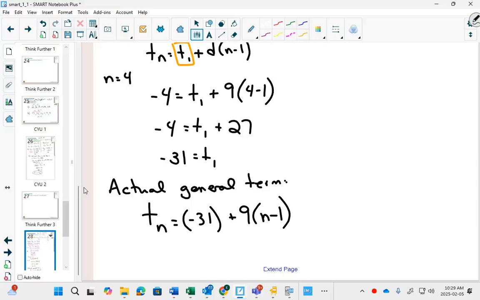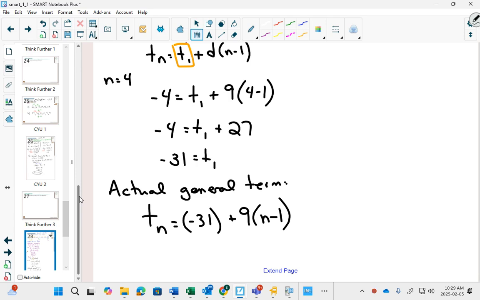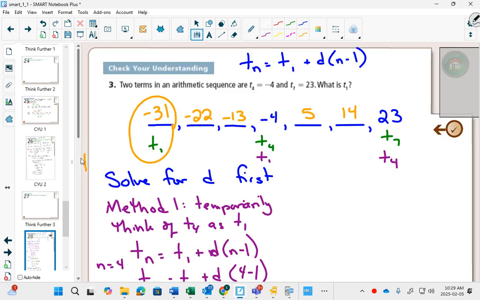Because we found term 1 and we found D, we can actually write out the formula using our formula sheet. So this is method 1. Everybody good? I'm going to scroll back up and split it here.